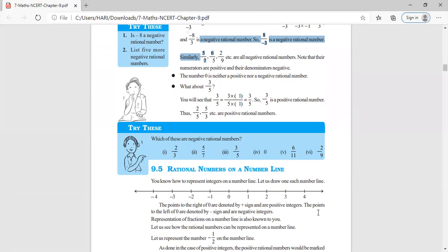First, we have to mark the points at equal distance, or the distance between two successive points should be equal. Second, positive integers are represented on the right side of 0 and negative integers are represented on the left side of 0. 0 is neither positive nor negative; on the right side of 0 we mark the positive integers, and on the left of 0 we mark the negative integers.